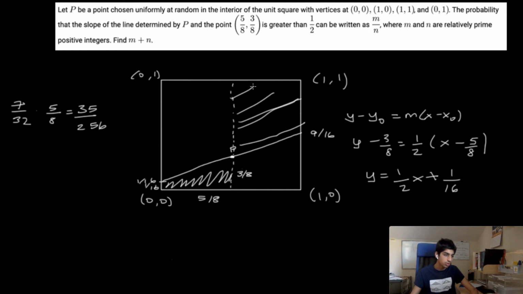Again, we can find the lengths of the bases and the height, since there's only one height. So let's first find the bases. We know that this is 9/16, so this is going to be 1 minus 9/16, which is 7/16.